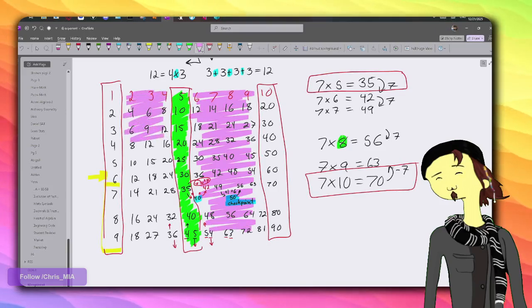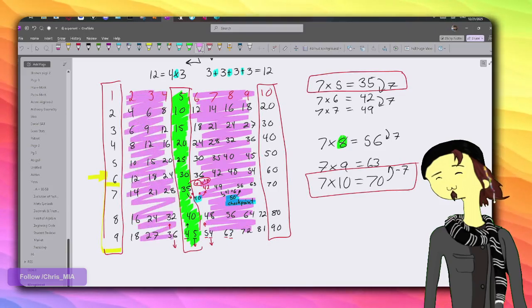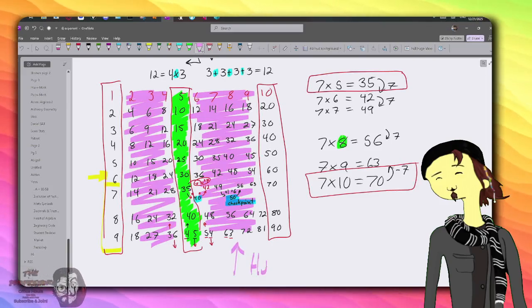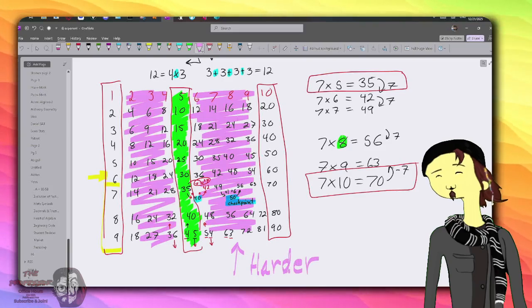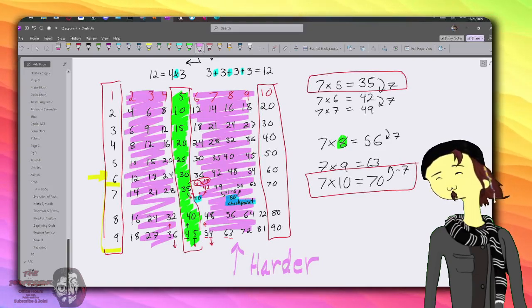And these are the easiest, obviously. We probably don't even have to do these on the left, but it's the right columns that are the harder ones. So starting from the tens or the fives can help us move and subtract or add from either direction to find any number in between.